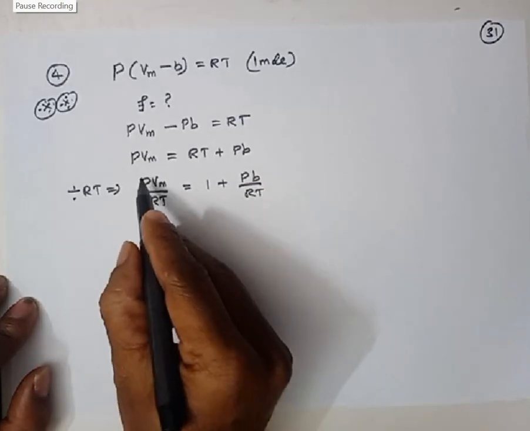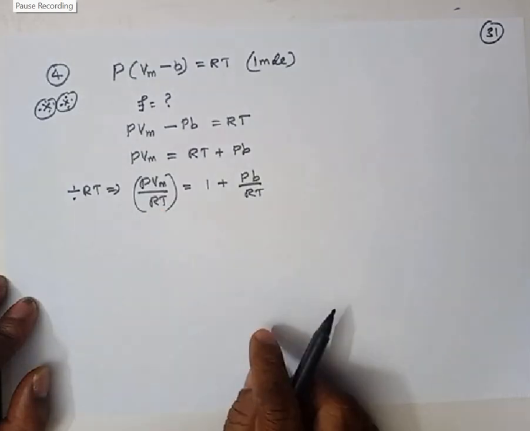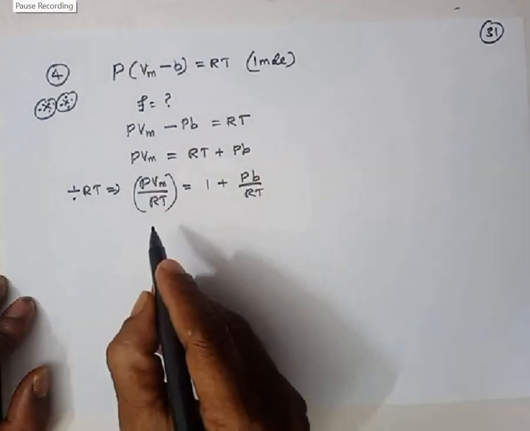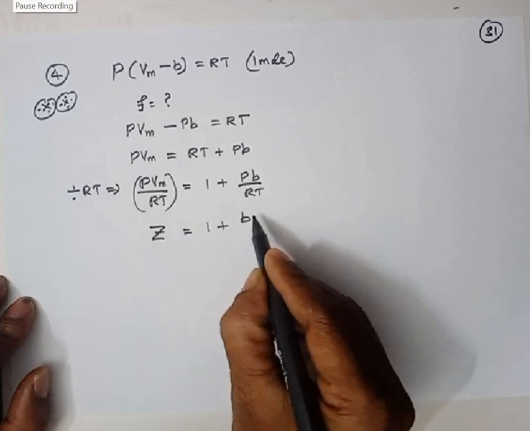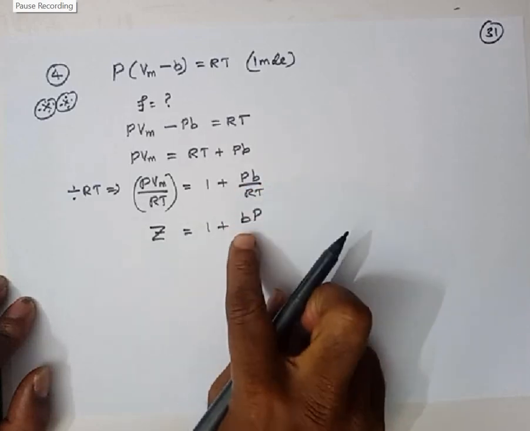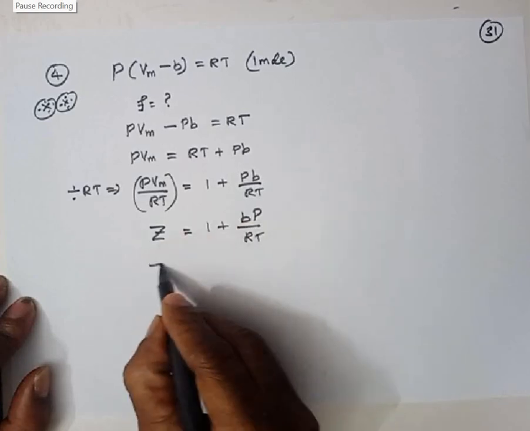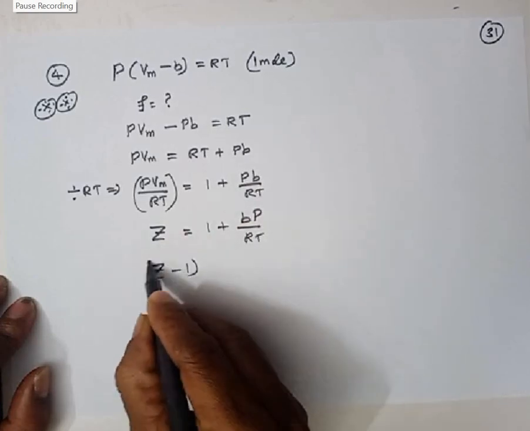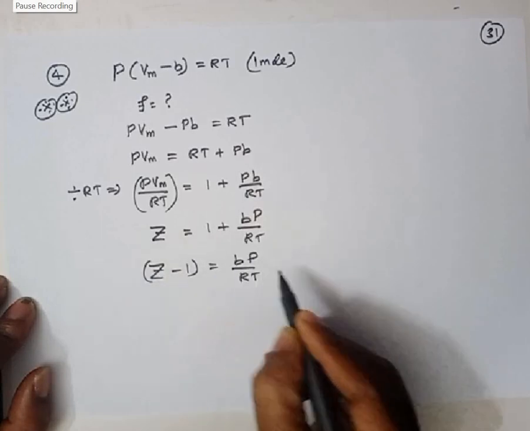What is this quantity? Can anyone tell me what is PVm by RT? Z, sir. Compressibility factor. Very good. Compressibility factor equal to 1 plus BP by RT. Bring this 1 to the left hand side, so compressibility factor minus 1 equal to BP by RT.